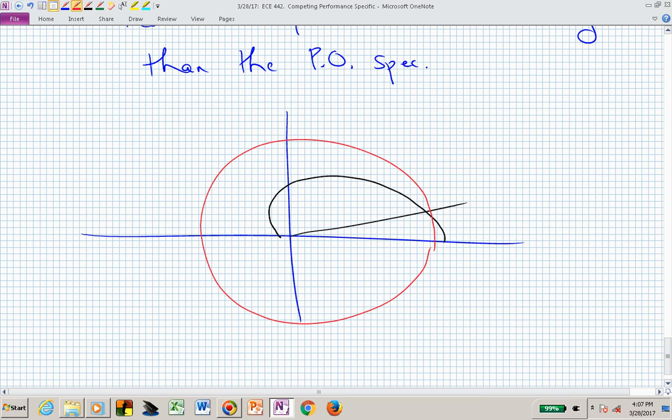Terrible circle. But now we can see that, in fact, our time to peak was wanting us to have a larger angle. And what we want to know is, how do we get a larger angle and still satisfy our other two specifications?